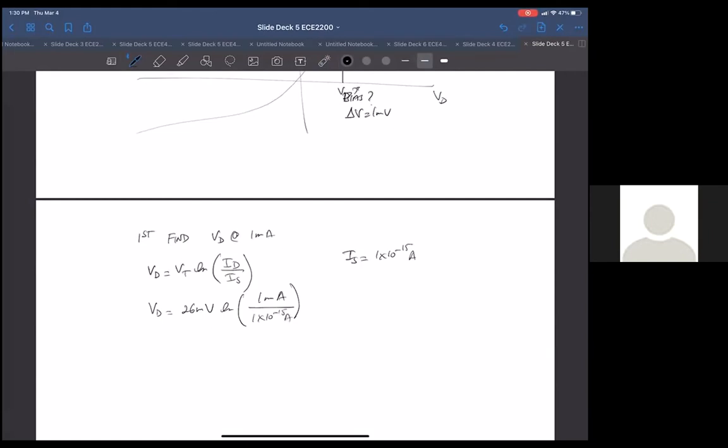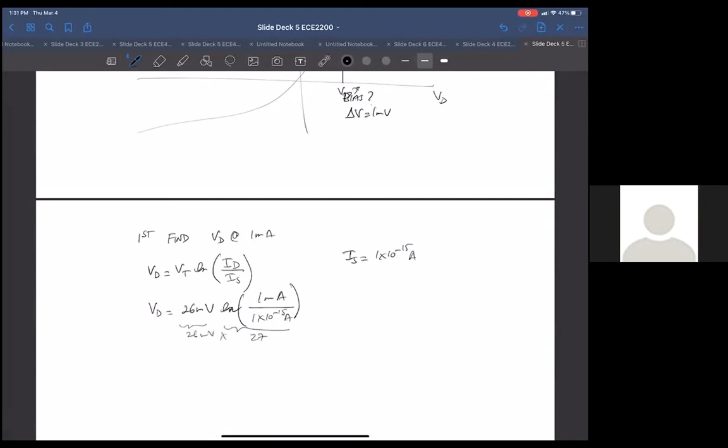Now you pull out your calculator. I'll do that real time. It takes a little bit of time because you're not going to do it in your head. So it's one, I take the natural log, which gives me 27, and this is 26 millivolts.